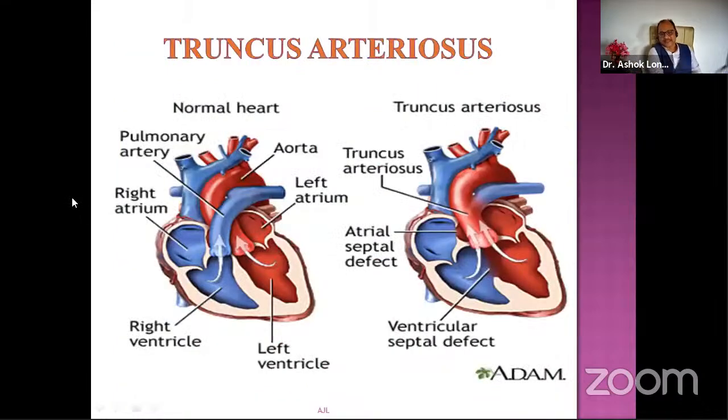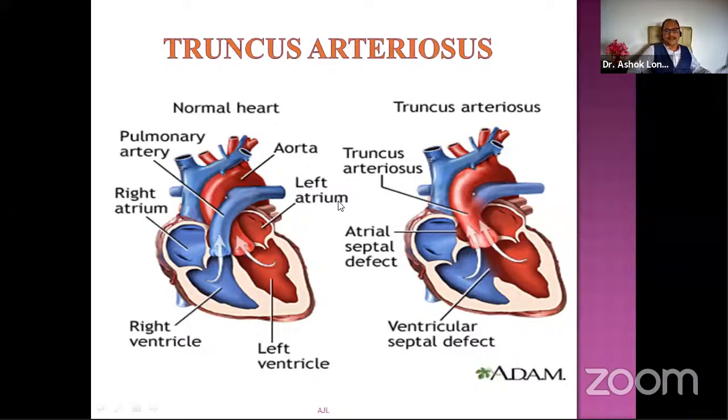Then the truncus arteriosus. Now this truncus arteriosus, embryologically, the bulb is formed after formation of the two tubes, and the distal portion of the bulbus cordis continues as a truncus arteriosus, and this truncus arteriosus divides into two and goes on the opposite side.